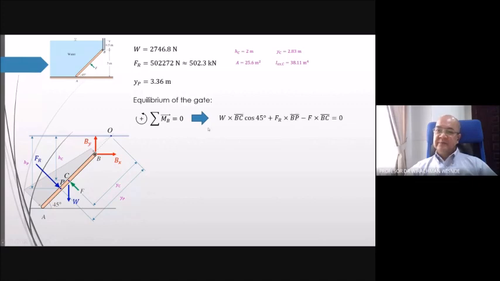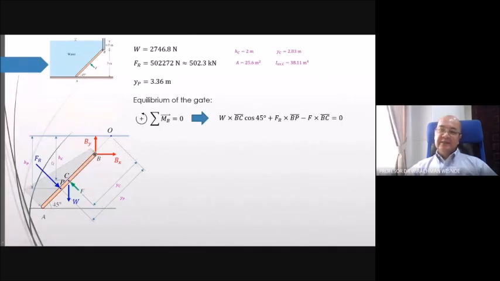we have W, which is the weight, times the right distance. The right distance, in this case, is BC cos 45 degrees. The moment due to the weight will create an anticlockwise moment, so in that case, this one is positive. The FR will also create an anticlockwise moment about point B, so it is also positive.